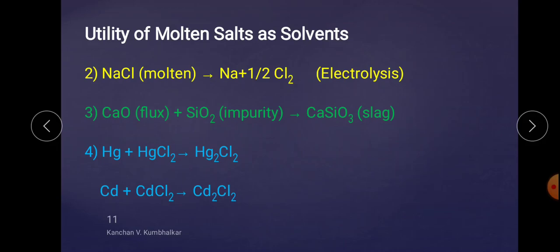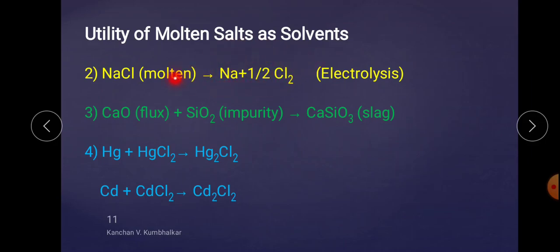Next one, molten halides are used for the production of halogen. This is an example by means of electrolysis. What is electrolysis? By applying electric current, the lysis takes place, meaning the breakdown of the species. By applying electric current, Na+ separates out and Cl- separates out, and by gaining and losing electrons through a redox reaction, there is a formation of Na metal in the solid phase and chlorine as a gas.